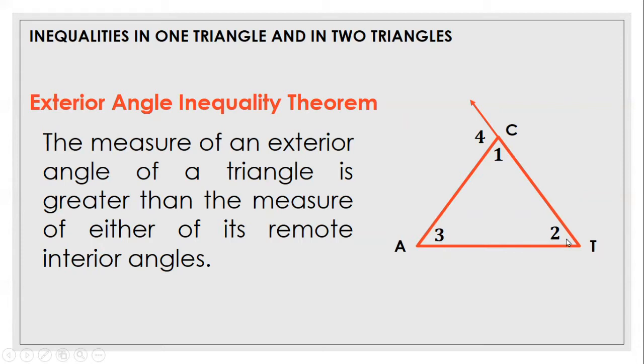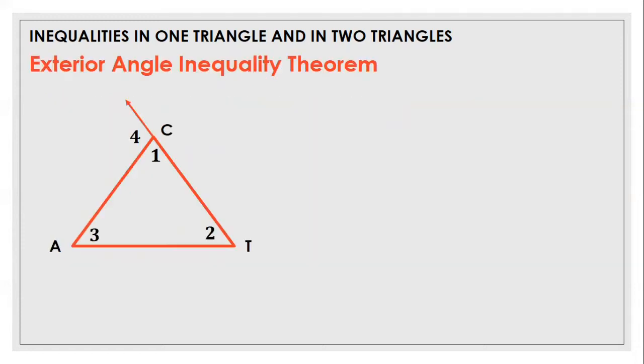So, sinasabi na ang exterior angle ay greater than sa kanyang dalawang remote interior angles. Para makuha natin ang measure ng ating exterior angle, we need to add the two remote interior angles. So, para makuha natin si angle 4, kailangan natin i-add si angle 2 at si angle 3.